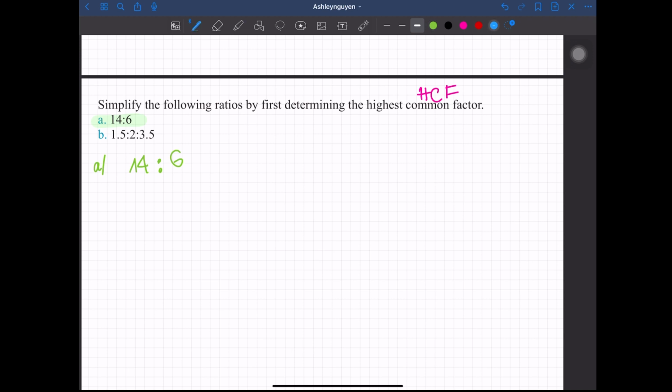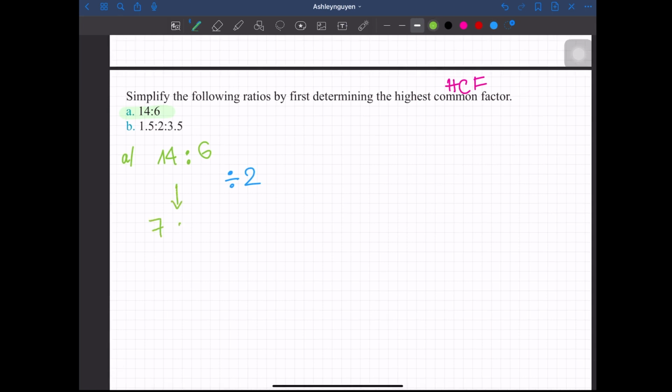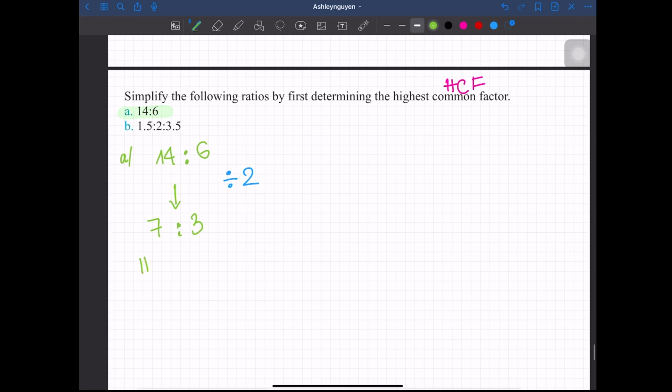Firstly, I will divide by 2. So it becomes 7 to 3. And I can see that the highest common factor between 7 and 3 is 1. So that is the simplest form of this ratio.